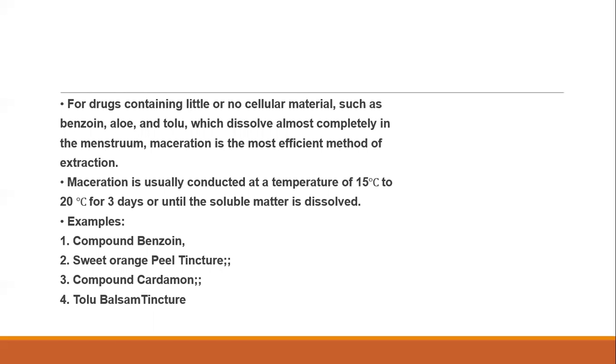Maceration is usually conducted at a temperature of 15 to 20 degrees centigrade for 3 days, or until the soluble matter is dissolved. For example, compound benzoin tincture, sweet orange peel tincture, compound cardamom tincture, and tolu balsam tincture are prepared in this way.